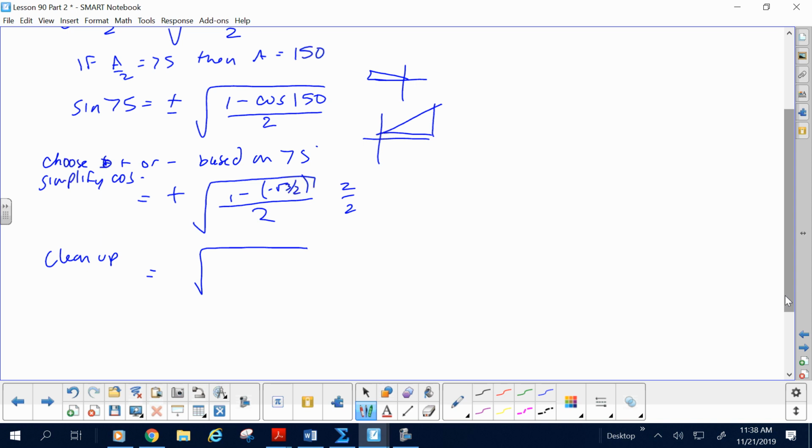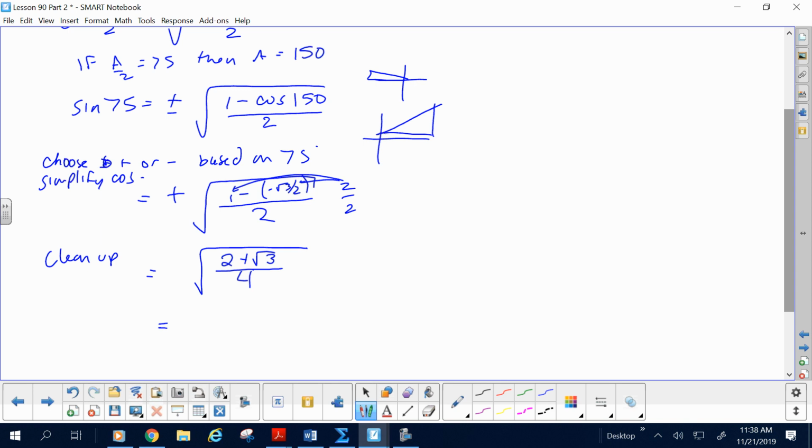Now, when I do that, I get 2 plus root 3 over... minus negative, yeah. Minus 4. Do you agree? Wait, that's going to get imaginary. It is not an imaginary number. Everything is positive. All right.